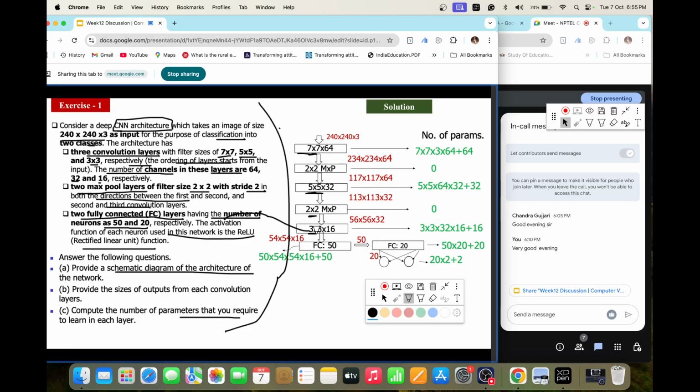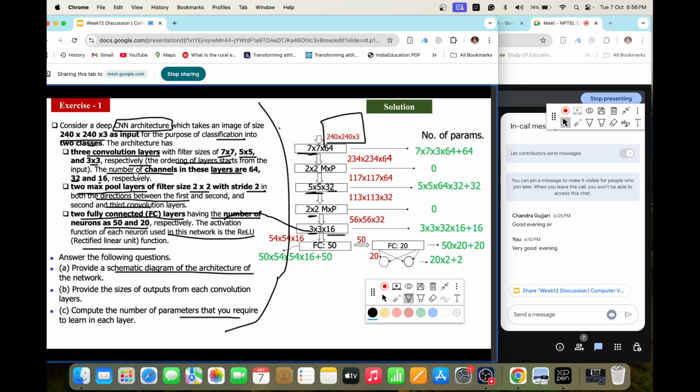For each convolution layer the number of channels is also given: for 7 cross 7 you have 64, for 5 cross 5 you have 32, and for 3 cross 3 you have 16. So the dimension of each convolution layer has been given, and the input dimension is also given, that is 240 cross 240 cross 3.